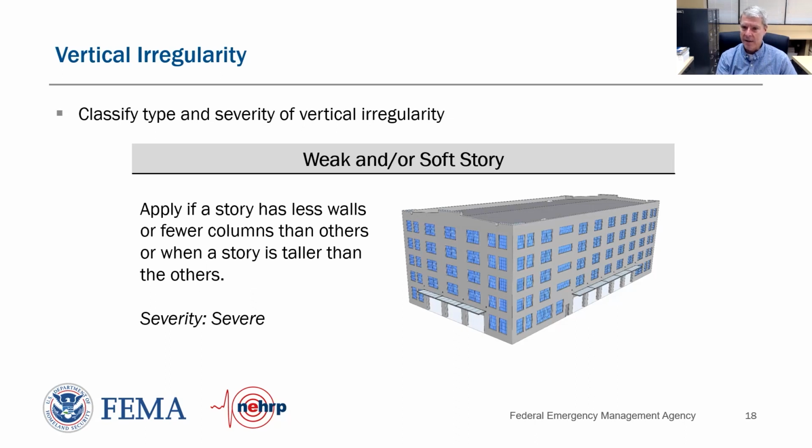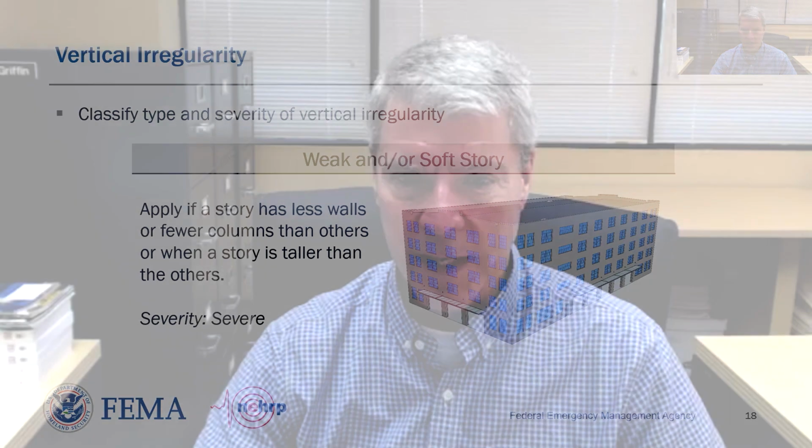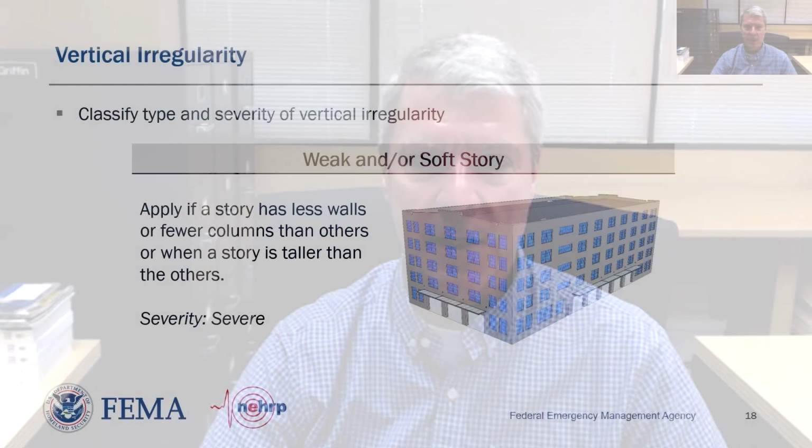But when they land on the top of the first floor, ground floor, we have a lot more openings. Think of garage door openings, etc. A lot more openings at the base of the structure makes it weaker in plane in that direction.